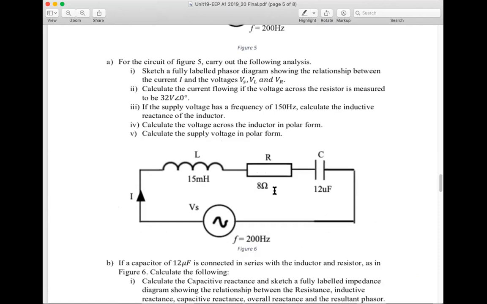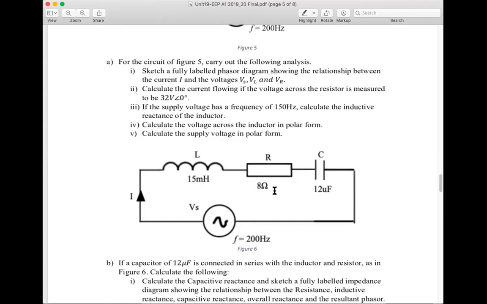So you can use Ohm's law to calculate the current. Then you can calculate the inductive reactance. Whatever the frequency is, you've got the formula in the notes for that. Nothing too difficult.